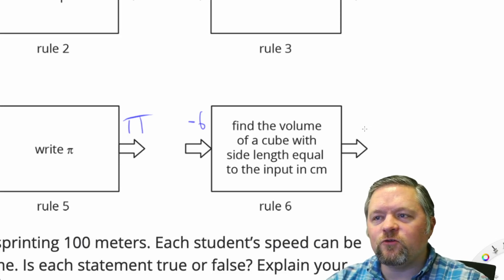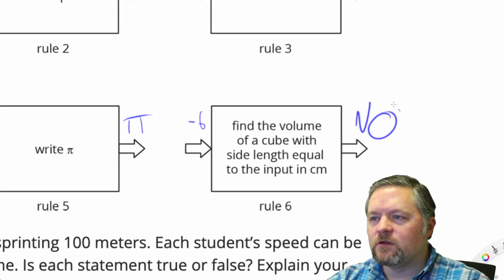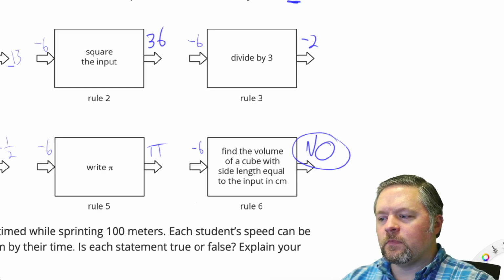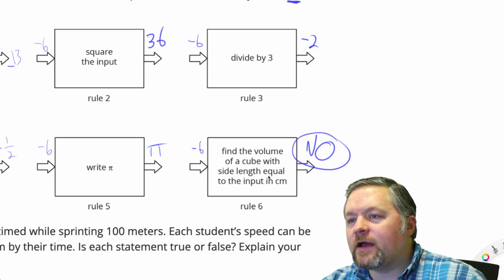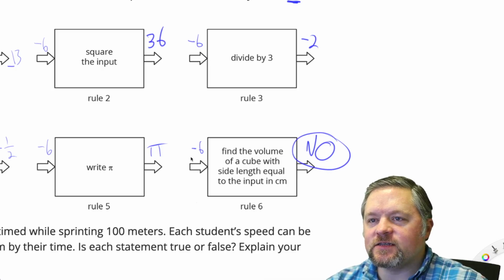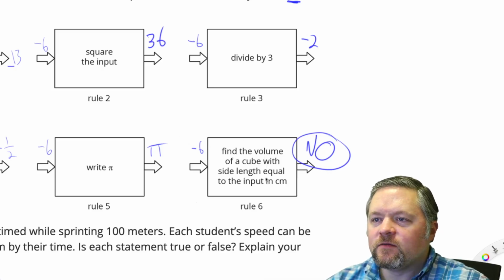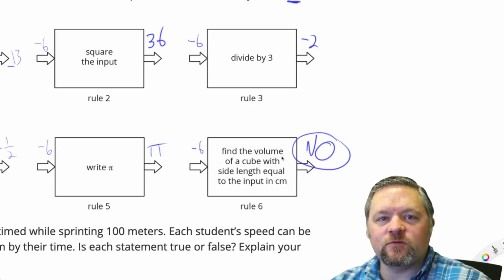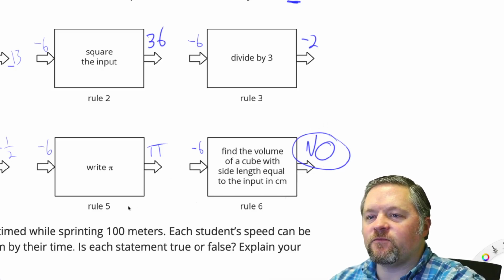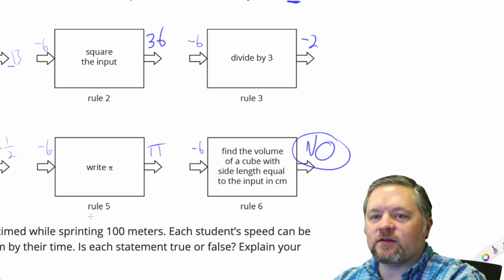Can you have a cube with a negative volume? No. You can't have a cube with a side length that is a negative number, so they're looking for no. You can't do it.